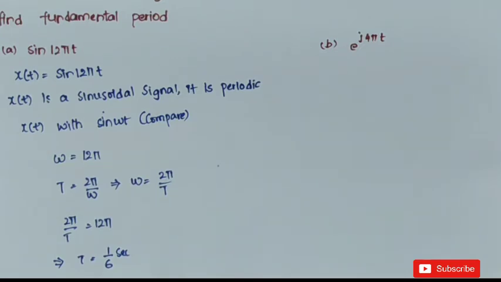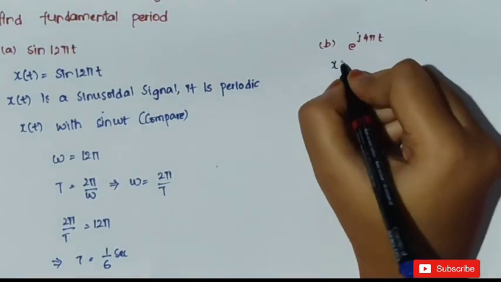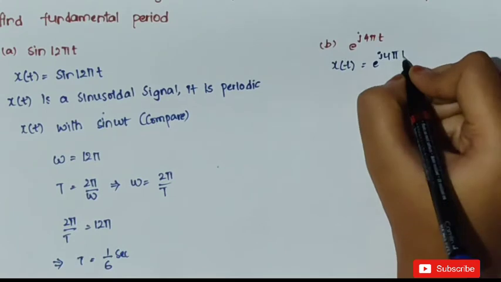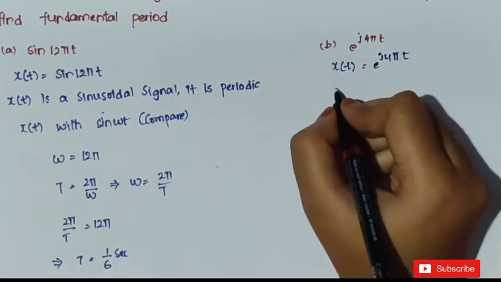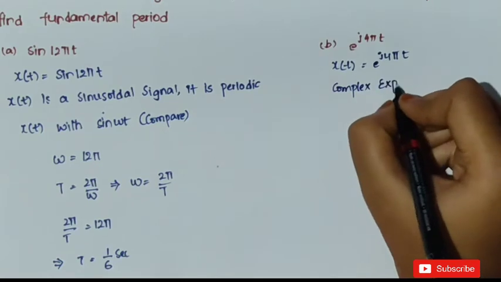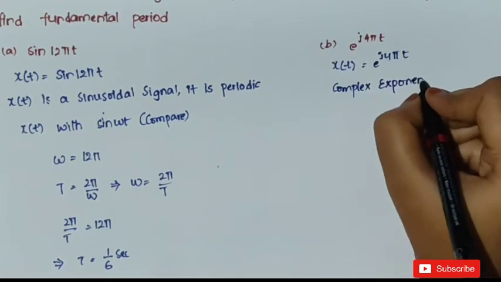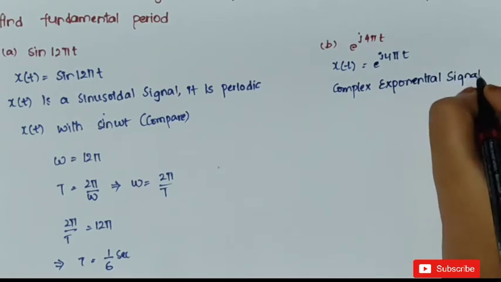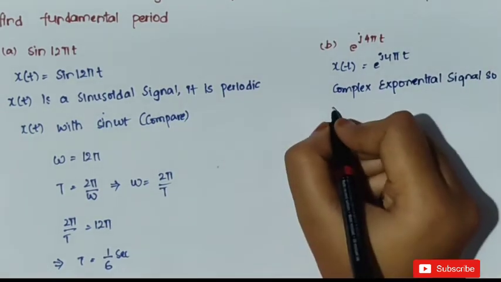In the next problem it is given x of t is equal to e power j 4 pi t. X of t is a complex exponential signal, so it is periodic.